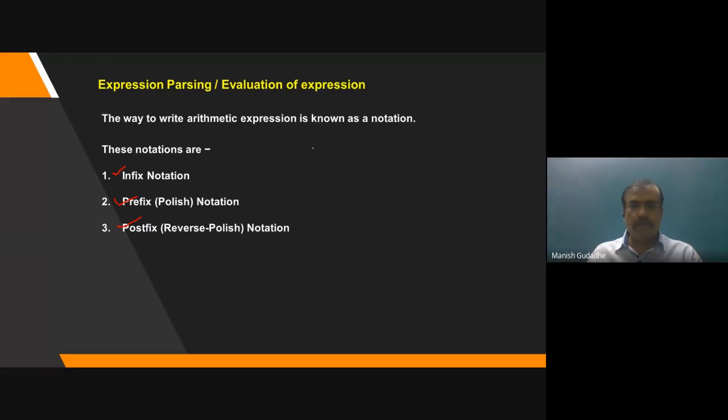Whenever I am trying to write an expression a plus b, our general arithmetic construct is to write the first operand, then the operator, then the second operand. This is called infix notation, simply a plus b. That means the operator is appearing in between the two operands.